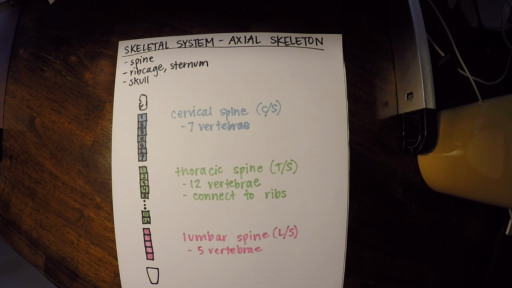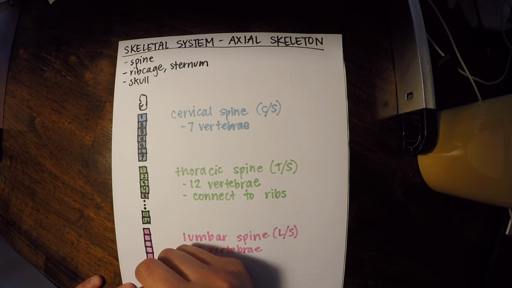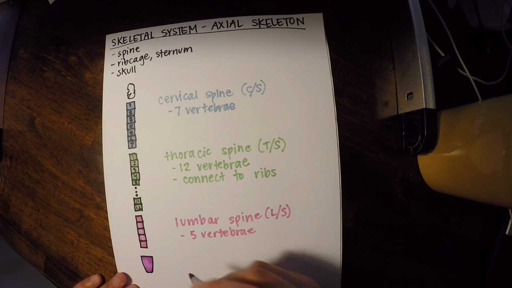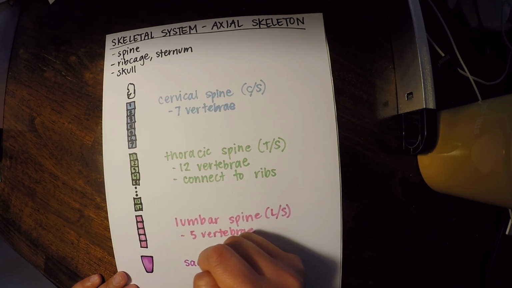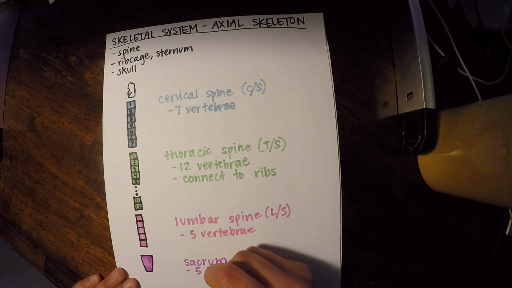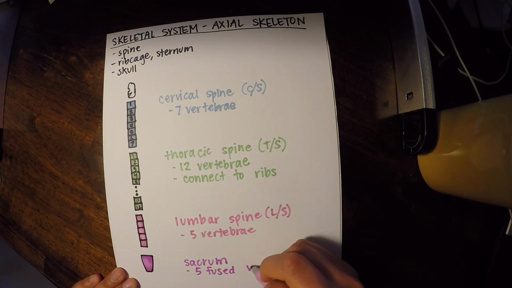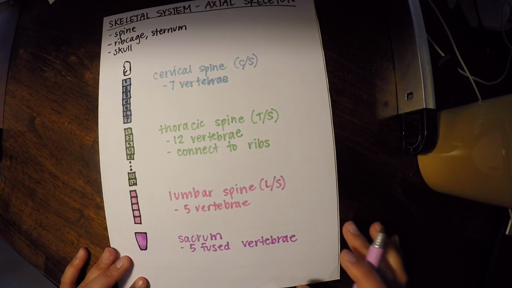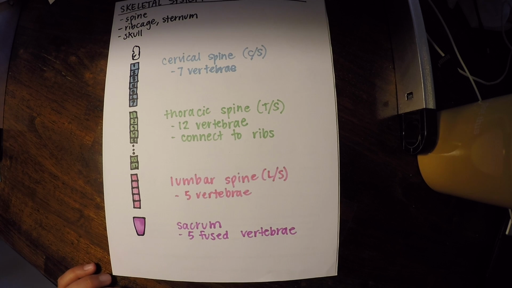Now, the sacral spine is a little bit different than the other aspects of the spine because it is collectively referred to as the sacrum. And it's actually 5 fused vertebrae. So that's why instead of this being known as the sacral spine, it's known as the sacrum, which is one big piece.